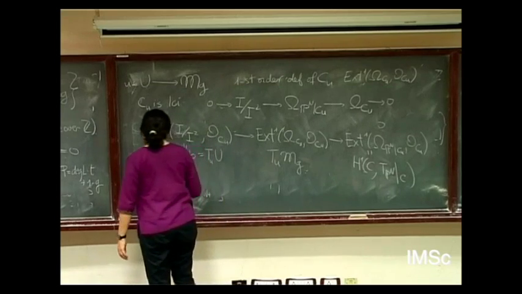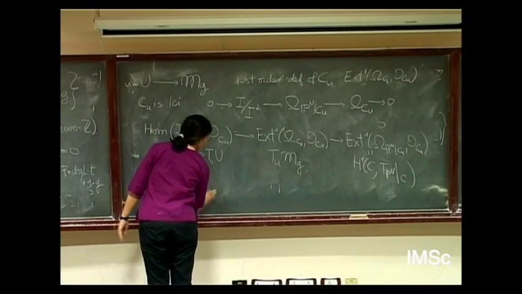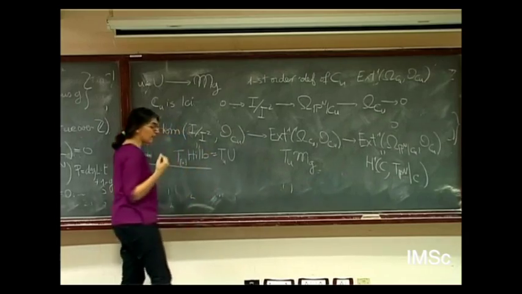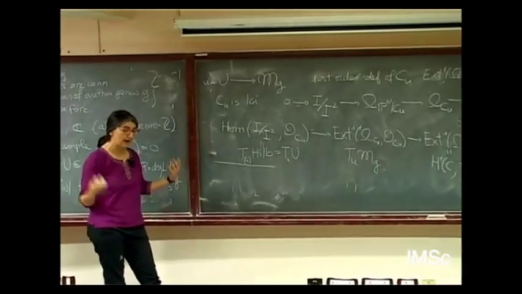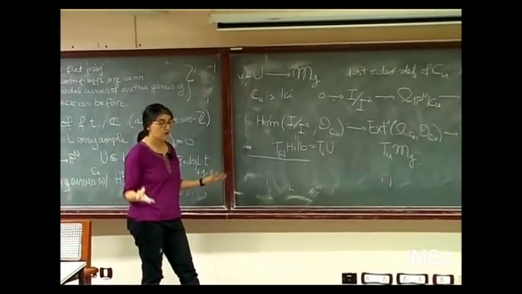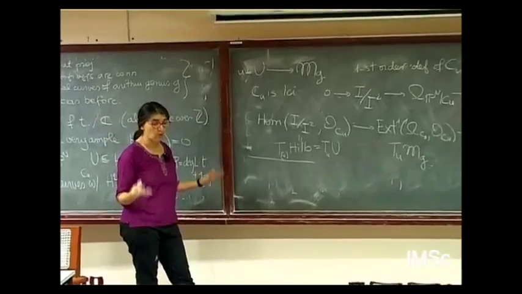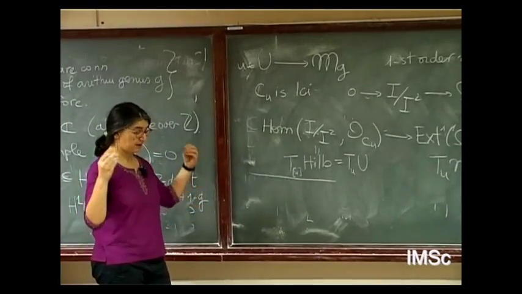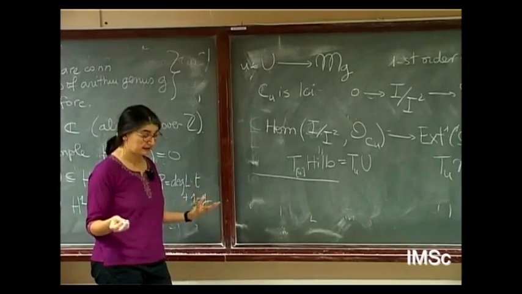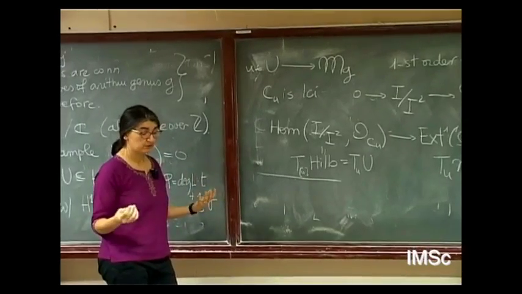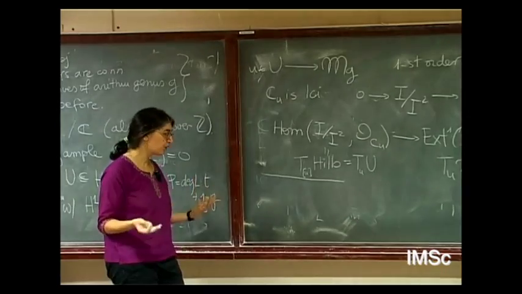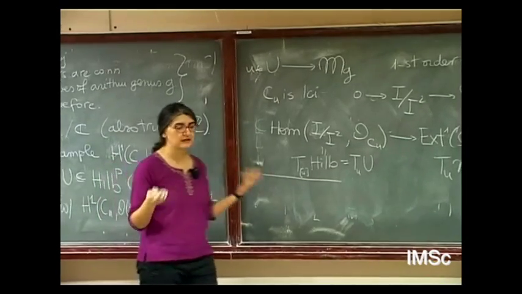And finally, let me say, I really need 5 more minutes. However, there is one kind of stack I want to be able to construct always. I started to tell you, if I have a scheme and I have a group scheme acting on it, I want to be able to construct the quotient stack, which will be algebraic under good assumptions.